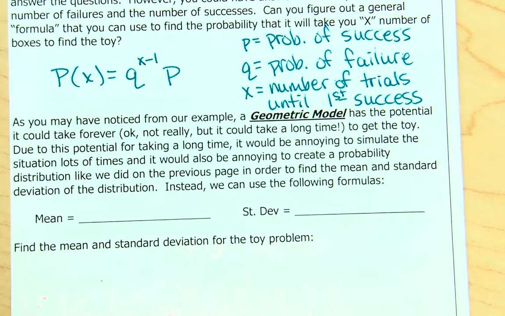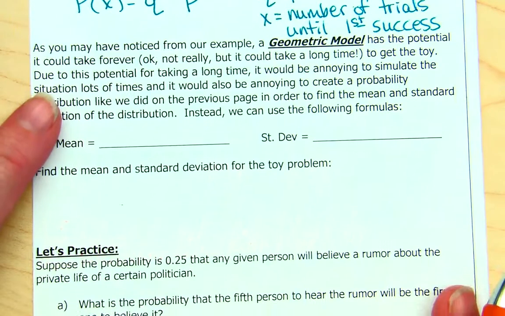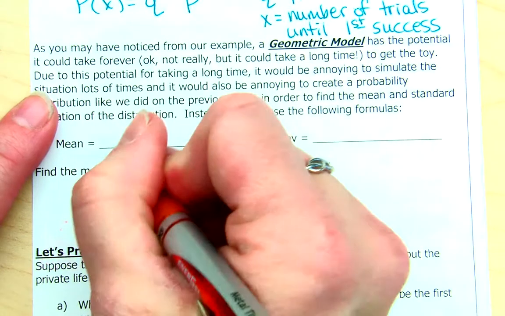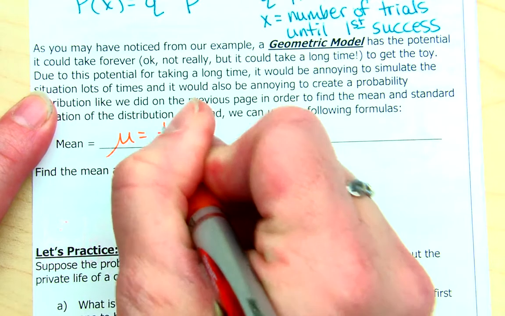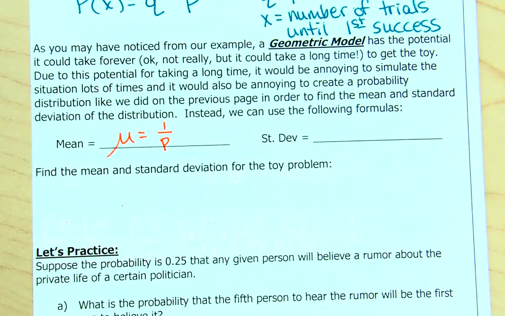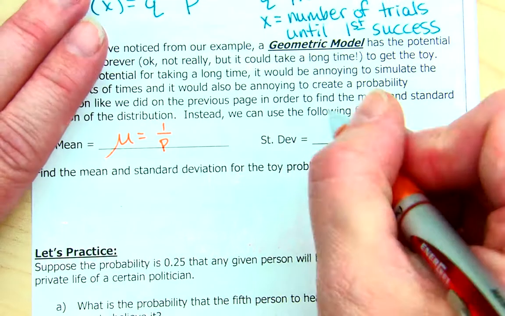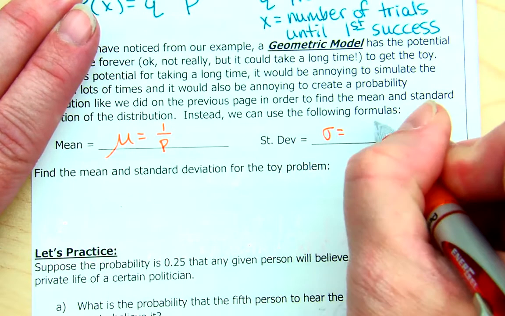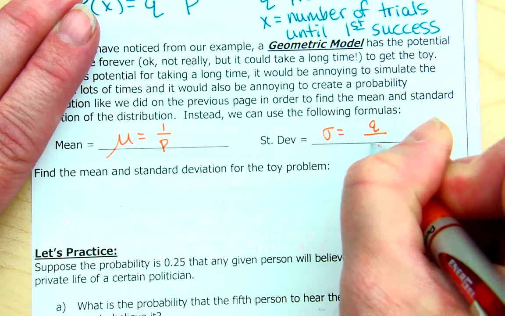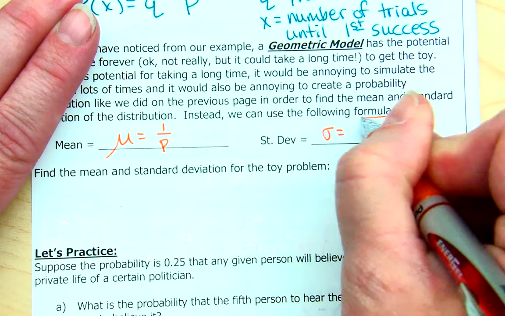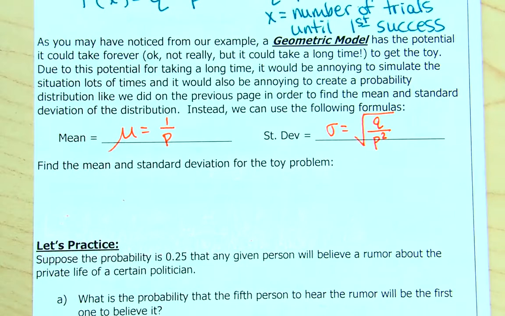So, as always, we like to know what is our rule for getting mean and standard deviation. So for mean, 1 over P. For standard deviation, we have Q over P squared, and then we take the square root of that.